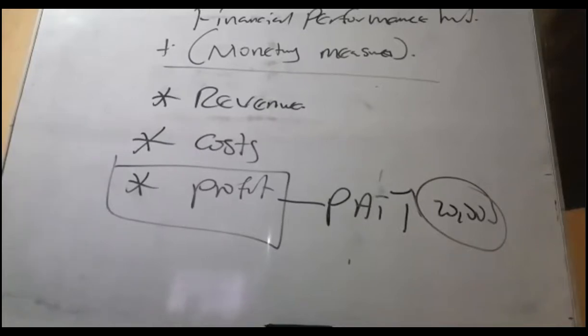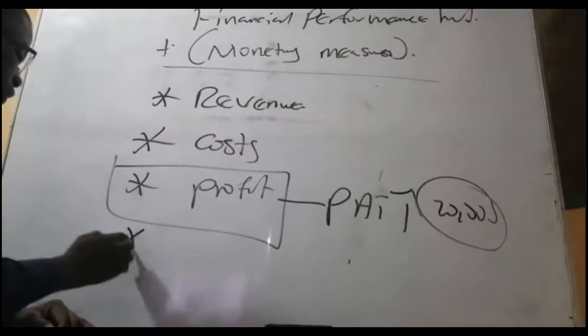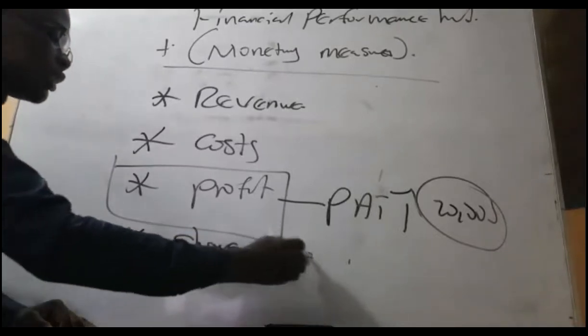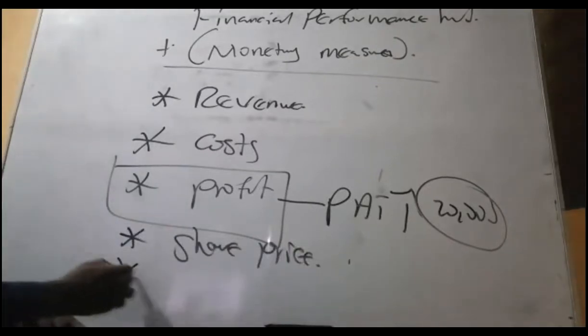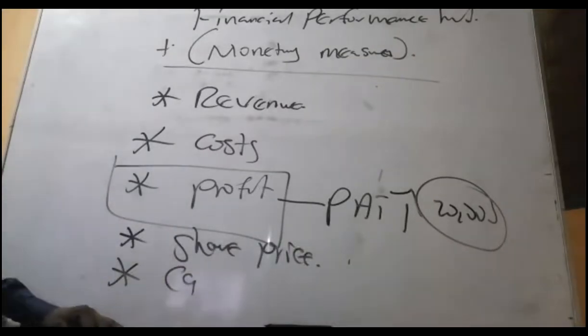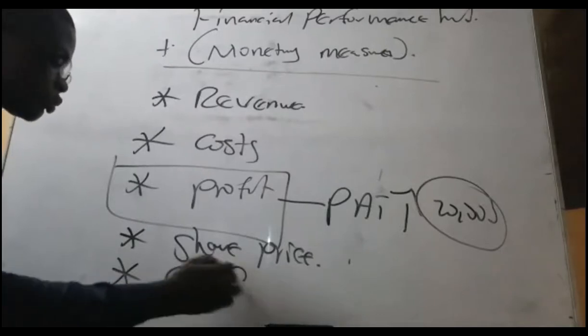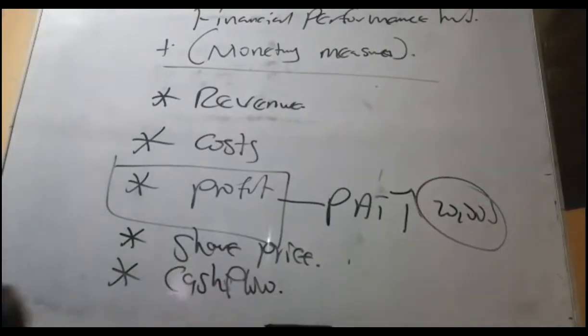Good. Then revenue, cost. Then we talk about the share price of the entity. Then you look at the cash flow of the organization. So, cash flow. That's all.